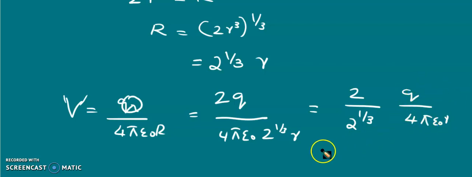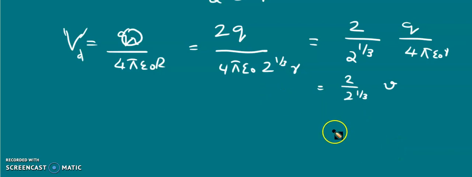This is the initial potential, which is small v. This is the capital V of the final, bigger drop. So V is 2 divided by 2 raised to 1 by 3 into small v, which is 2 to the power 1 minus 1 by 3, so 2 to the power 2 by 3 into the potential of the initial drops.